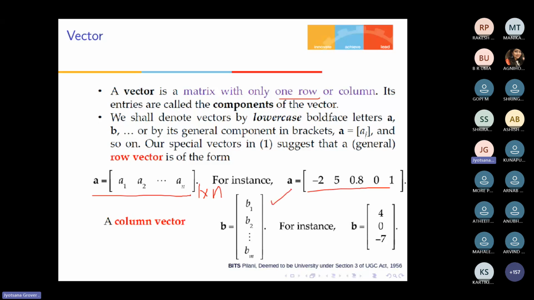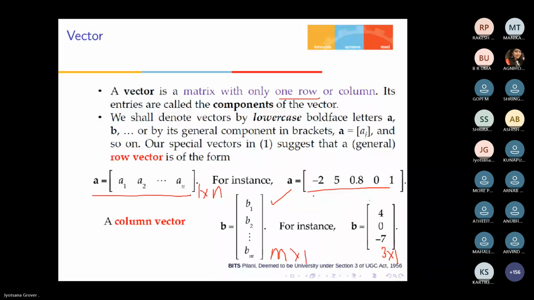This is a column vector because it has just one column. There are m entries, so this is m into 1. Suppose B has 3 values. This is a column vector because it is represented as a column. It has 3 rows and 1 column, 3 into 1.